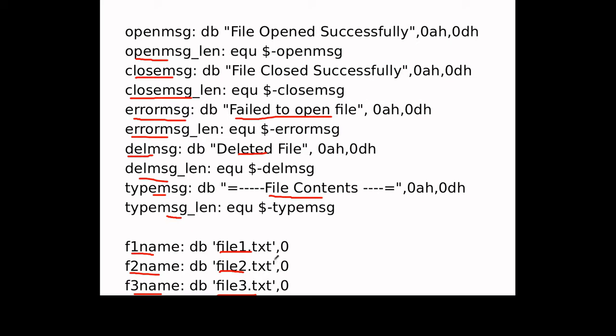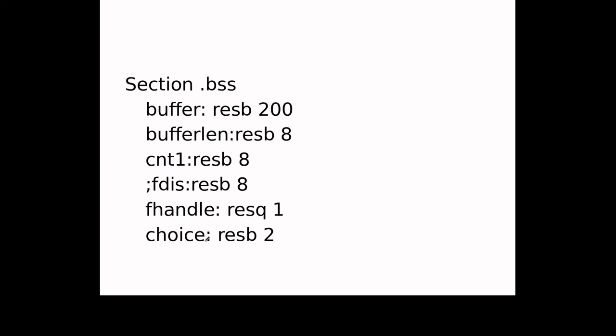These three file names we declared here with the data byte. Then in the .bss section, various buffers are required. We declare the buffer, and 200 bytes are reserved.